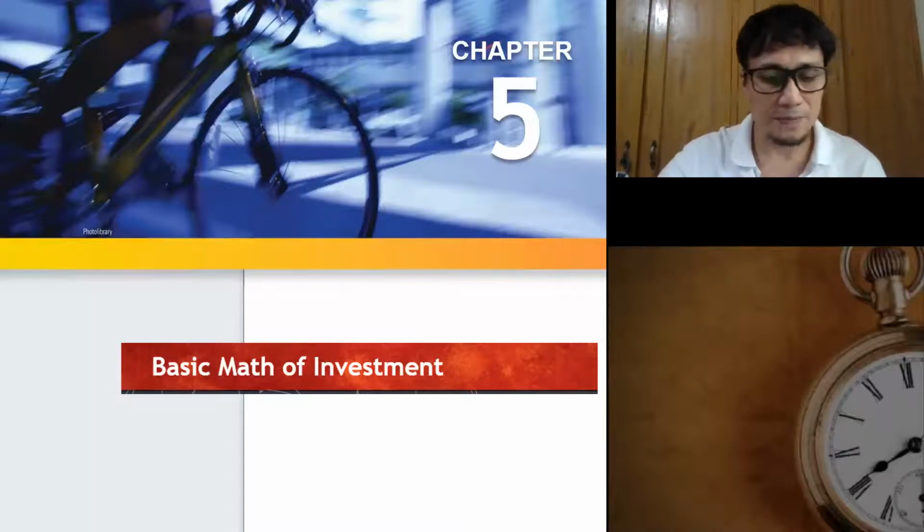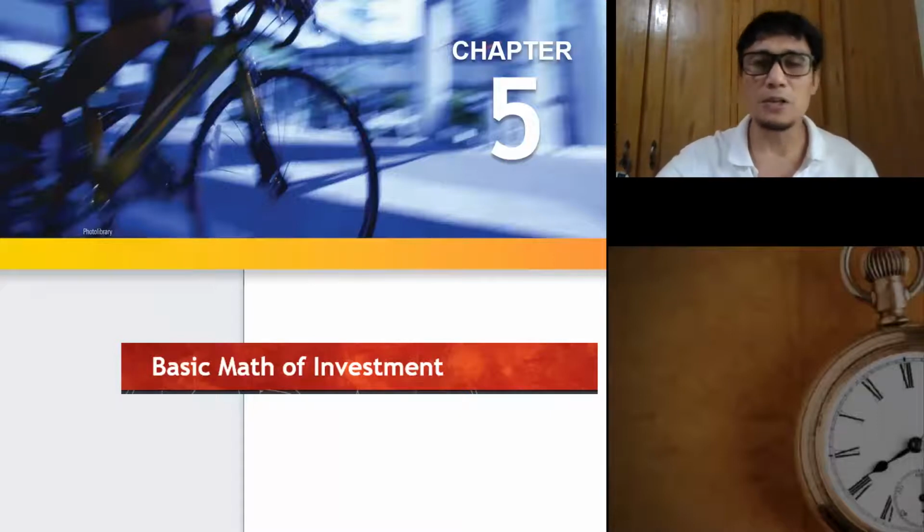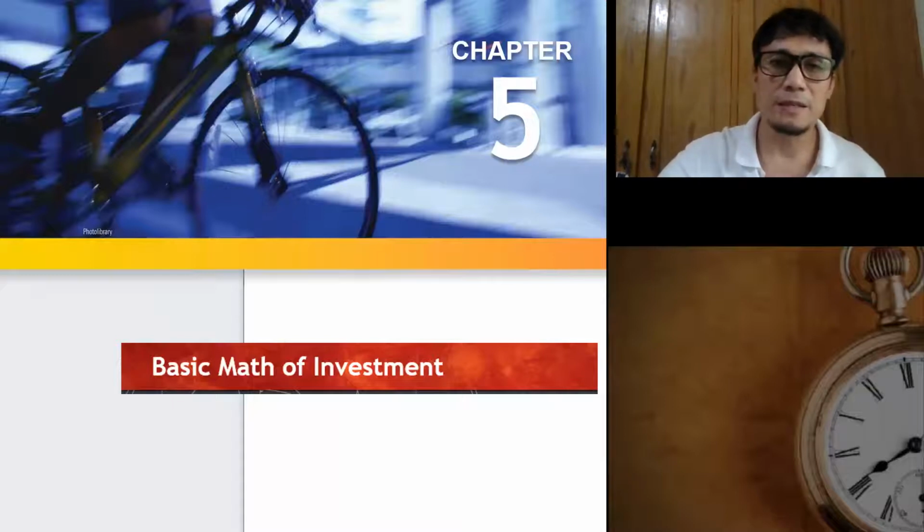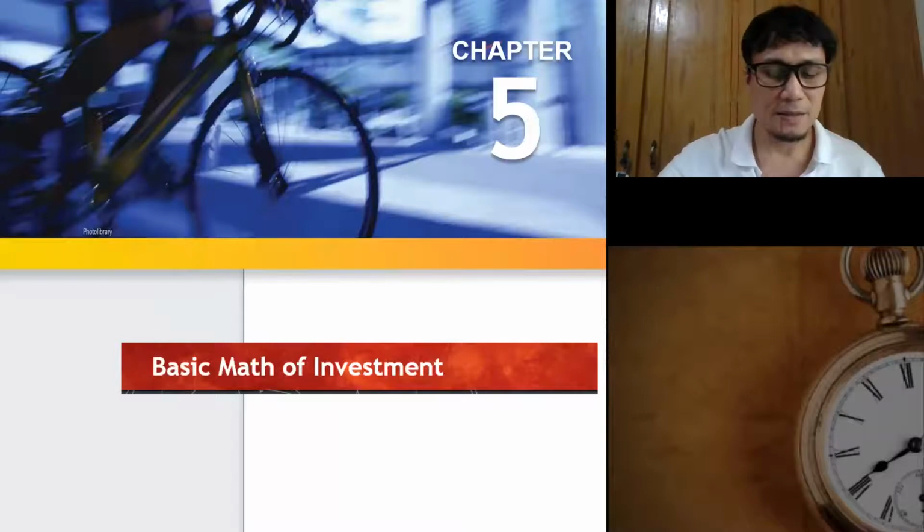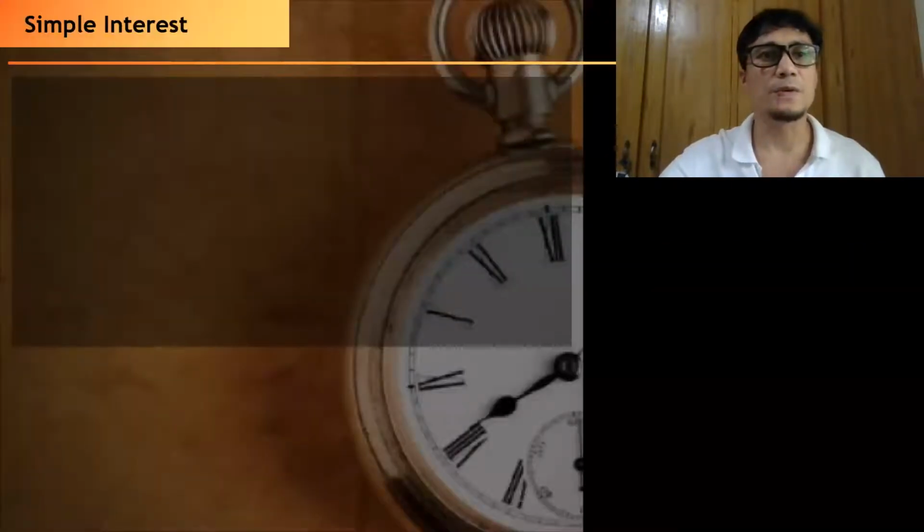It means that when the interest is computed, only the initial invested value will be considered. In other words, in simple interest, you will not earn any interest on the interest that you have earned from your initial amount. Okay? So that's for simple interest.